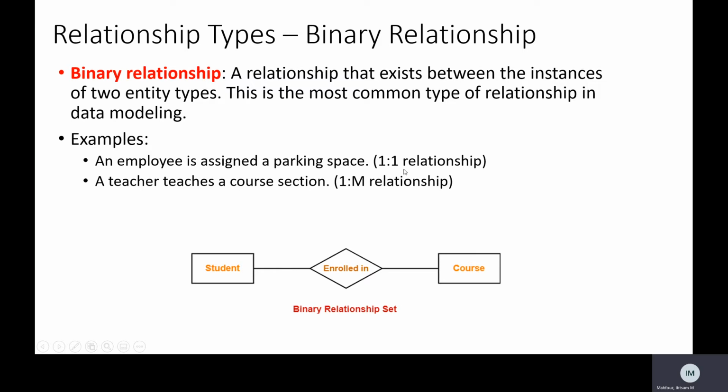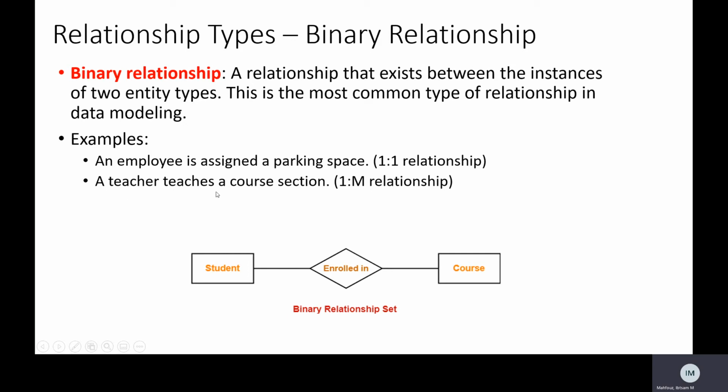A one-to-one relationship can be stored as one table, where the parking space might be an attribute in the employee table, or we could store it in two separate tables, where we take the parking space ID and store it in the employee table. Here we decided to store them in two separate tables. So now we have two entities, and that is what makes it a binary relationship.